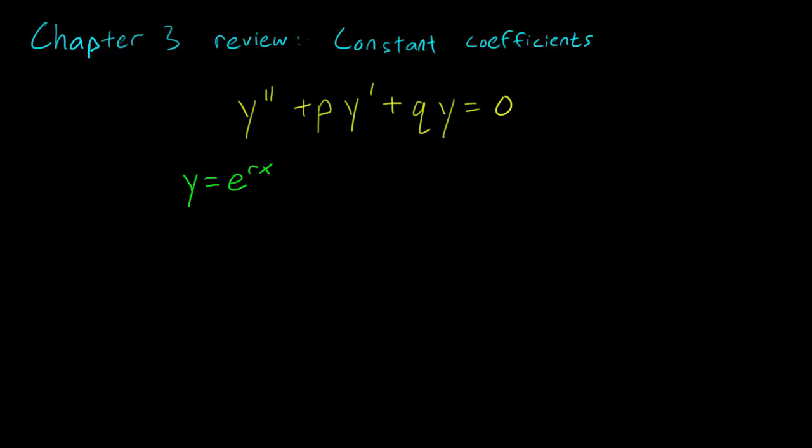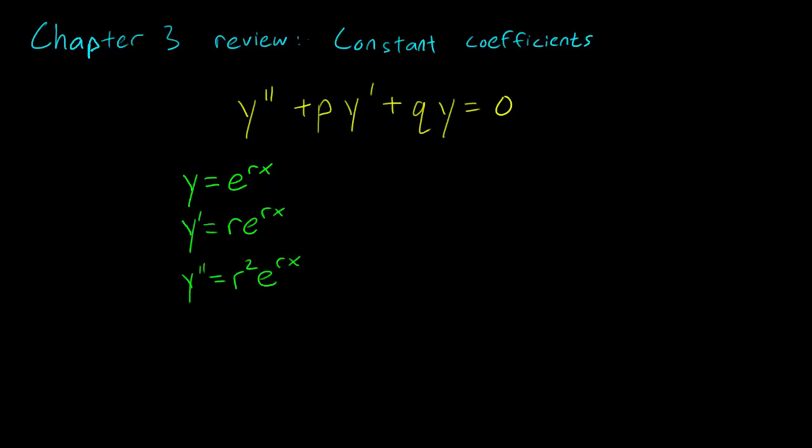The key trick of this type of problem is, of course, the substitution y equals e^(rx). We make the substitution, and please write down all the derivatives that you use to substitute it correctly.